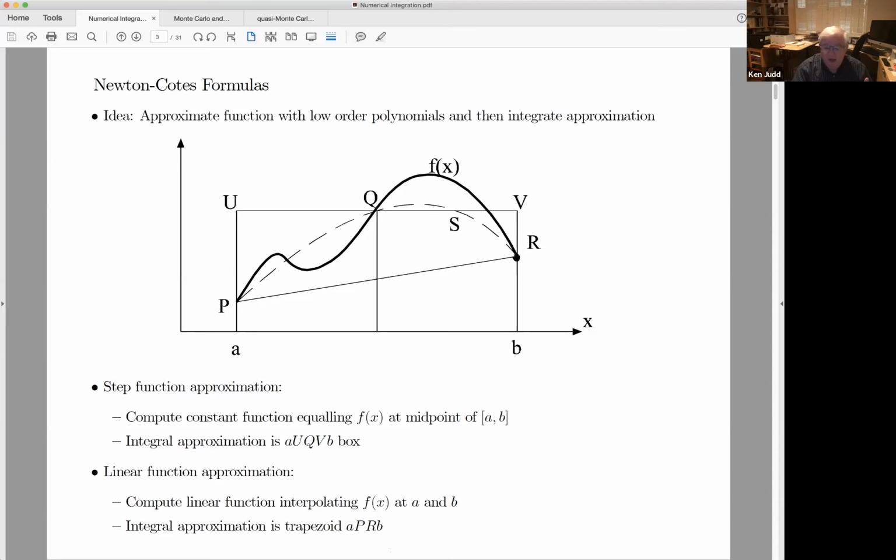And parabolas can be integrated because parabolas are just second order, quadratic polynomials, and then you can integrate and you get a cubic expression. So that can be another way of generating an approximation of the integral. You see, you approximate the function, and then that allows you to approximate the integral.